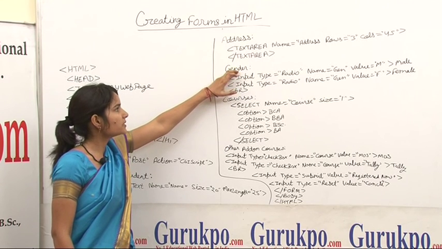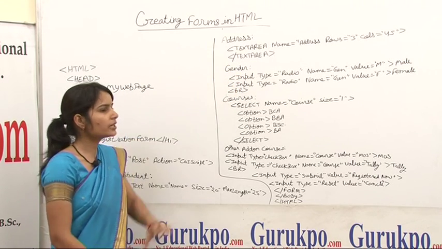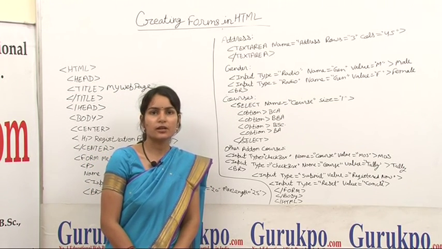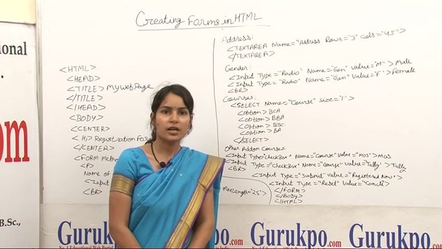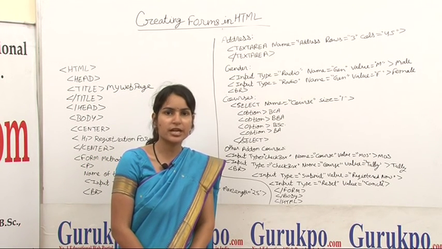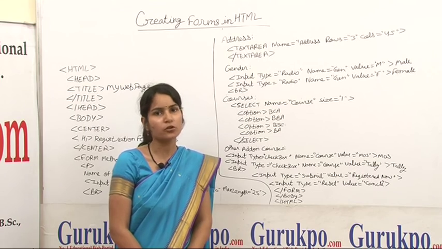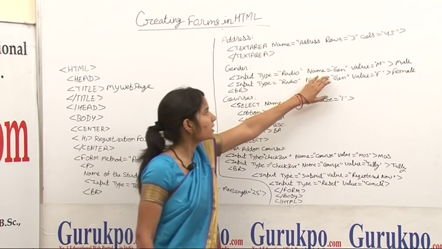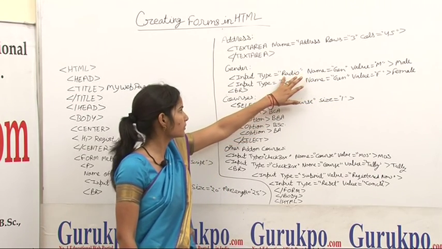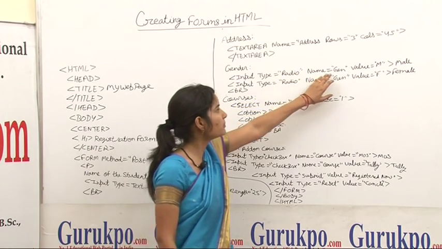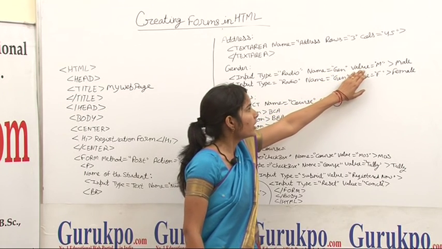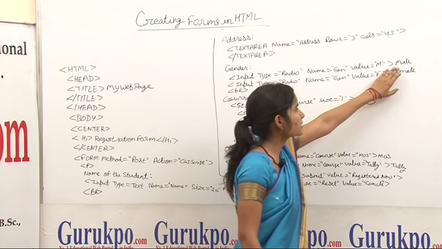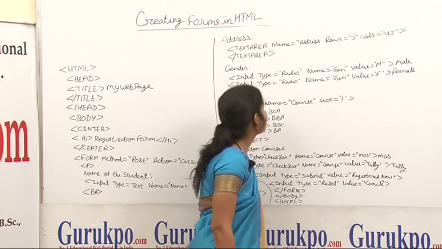The third option is for gender. Here we will create radio buttons, that means option buttons. In a group of option buttons, we are allowed to check only one option from the group. Here we have two options for radio buttons. The type is radio and the name is gen. The value which will be sent to the server is M and the text which will display on the web page is male.